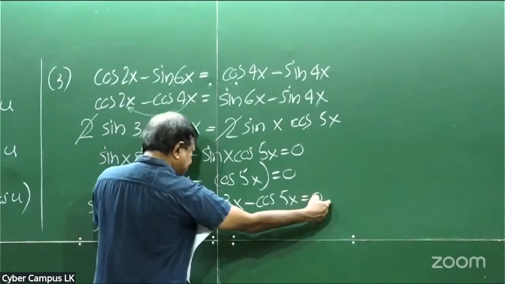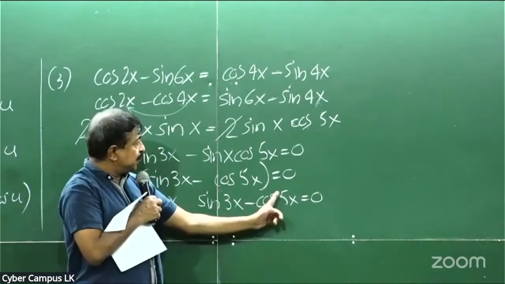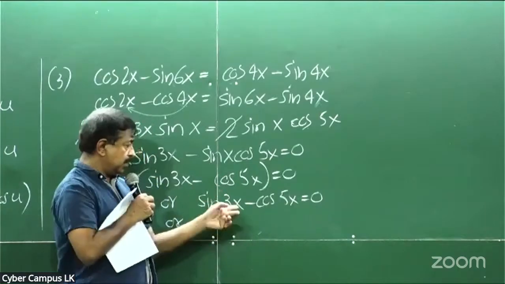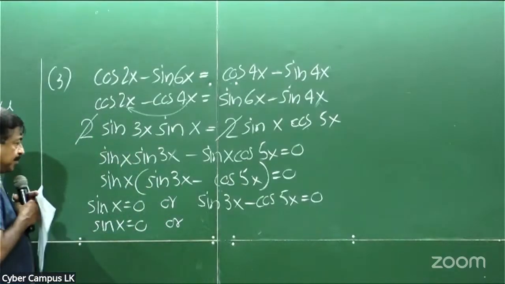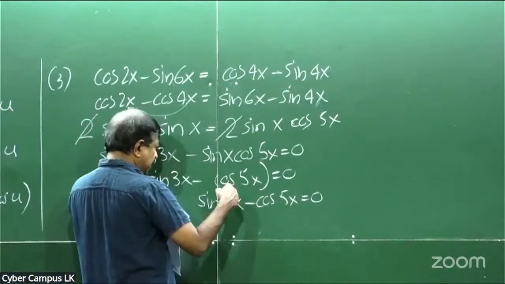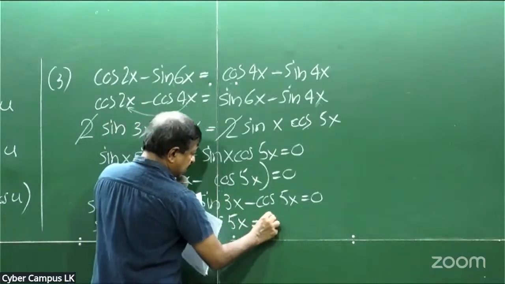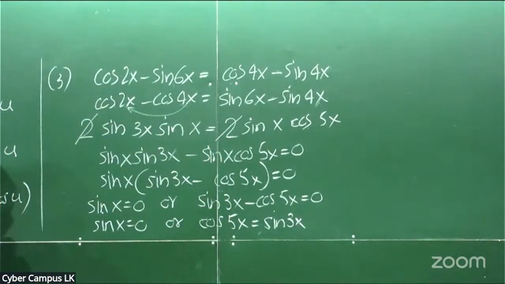Now cos 5x is sine 3x. If you have the same angle, there's no problem. If you have the same angle, you can divide it by cos 3x, like sine 3x minus cos 3x. But here it is not the case. This has the large angle, so I'll take that. I'll write cos 5x is equal to sine 3x. Now we'll come up with this way.